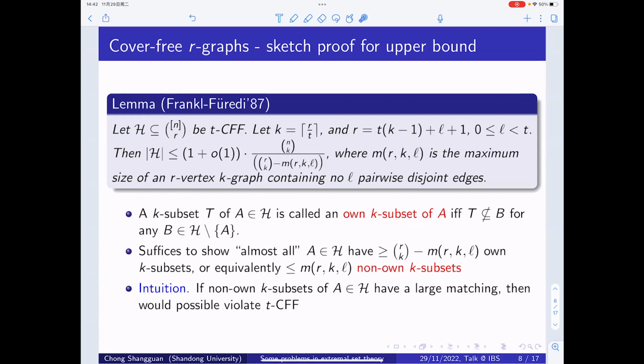Therefore, observe that the total number of k-subsets in an n-element ground set is n choose k.